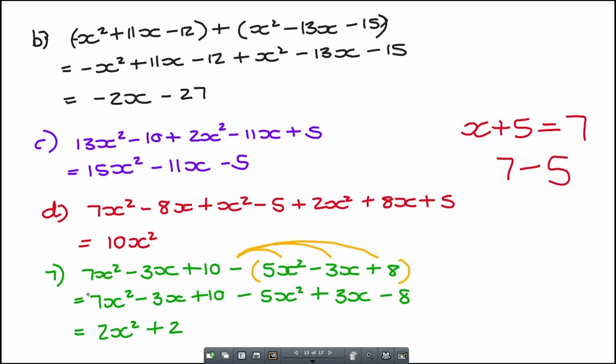So I took the 7x squared and subtracted the 5x squared. No, do you guys get why I wrote it like that? Now, the important part here is that you had to put that in brackets because that little minus there is going to influence everything else.